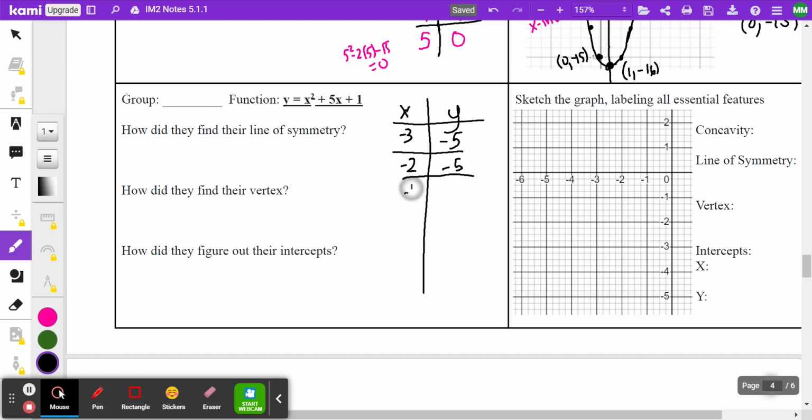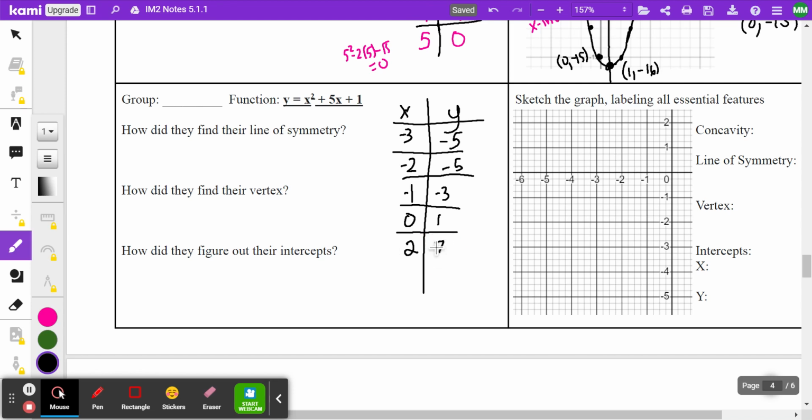Okay, -1 is at -3. 0 is at 1. 2 is at 7.